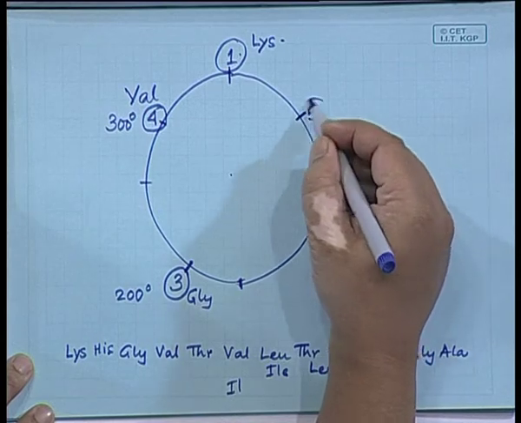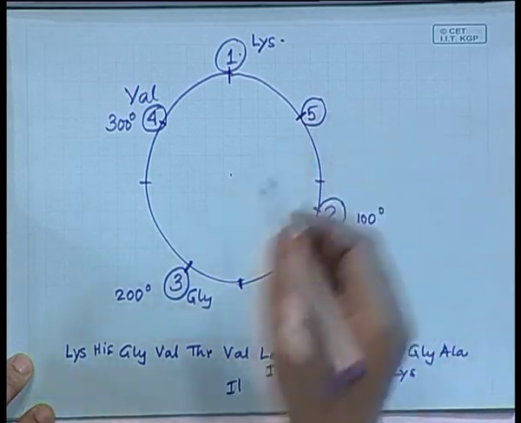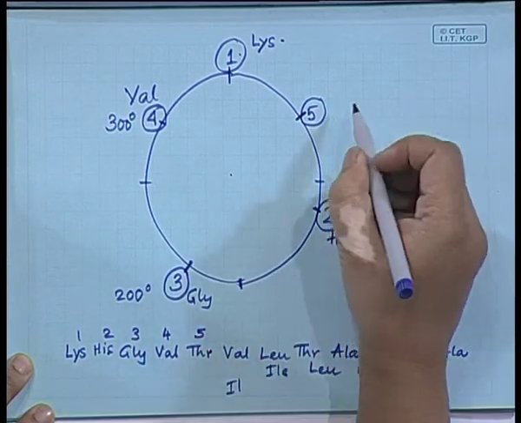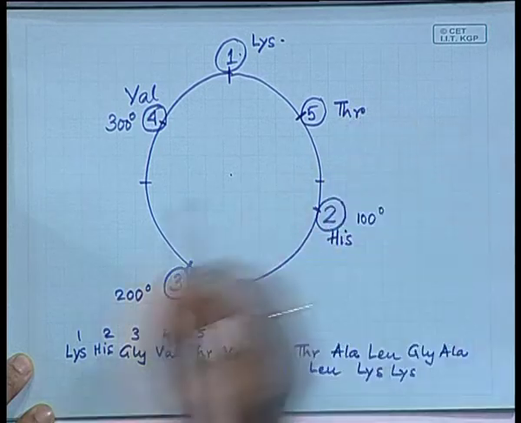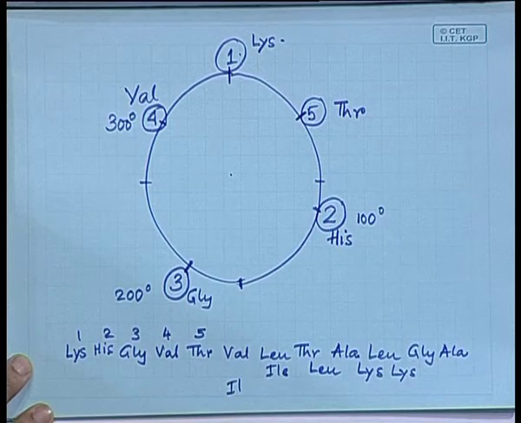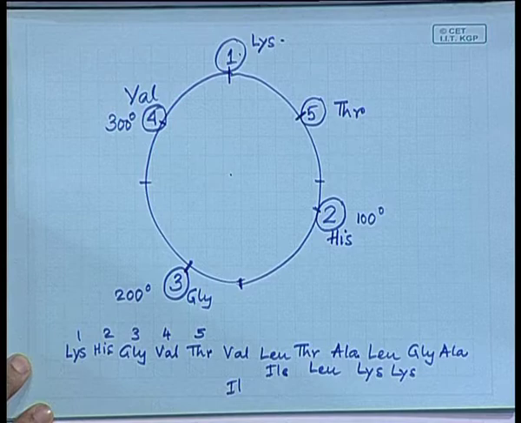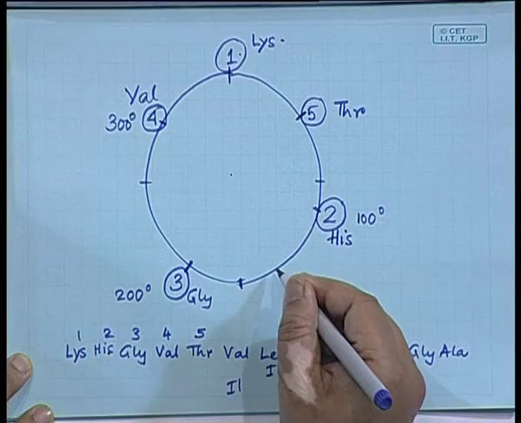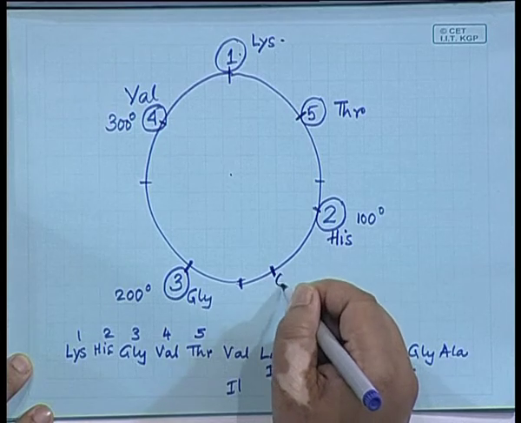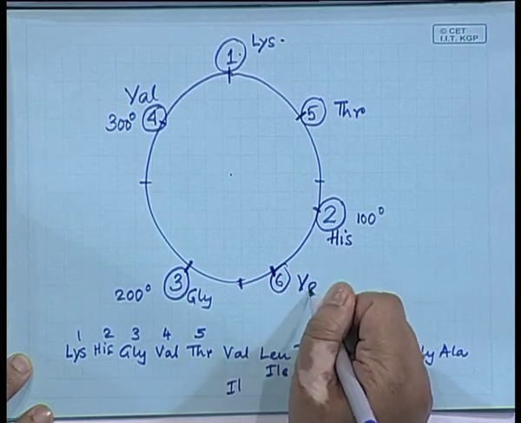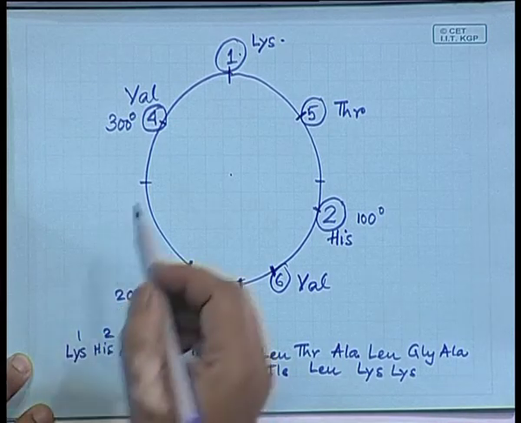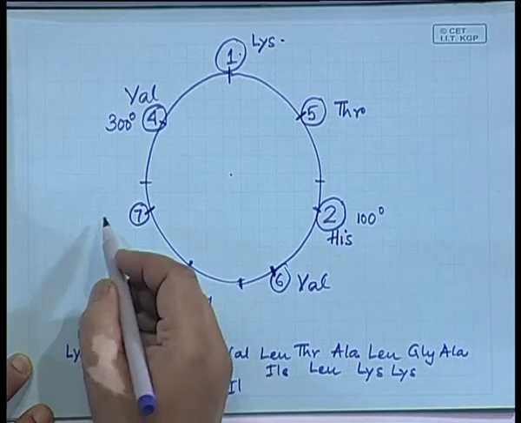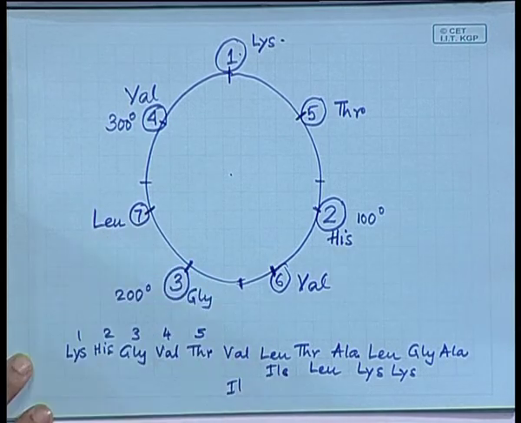So, this is going to be residue number 5, which is 1, 2, 3, 4, 5. So, threonine. So, what can you do? You can construct the helical wheel. Where is residue number 6 going to be? Somewhere here. So, this is going to be valine. Residue number 7 is going to be somewhere here. That is going to be leucine.